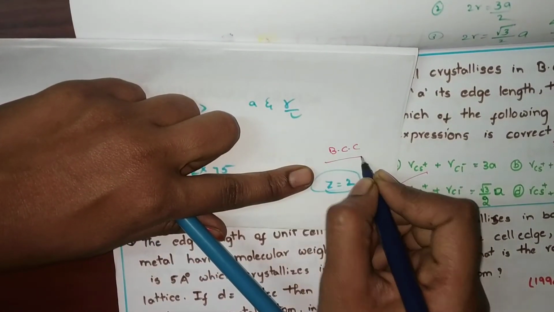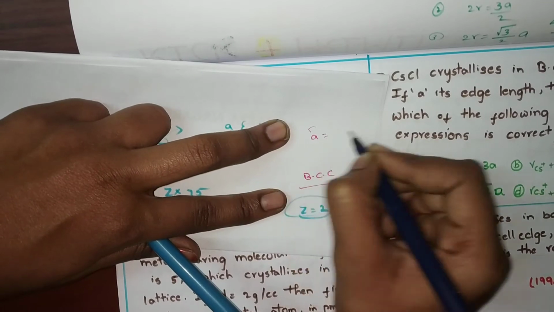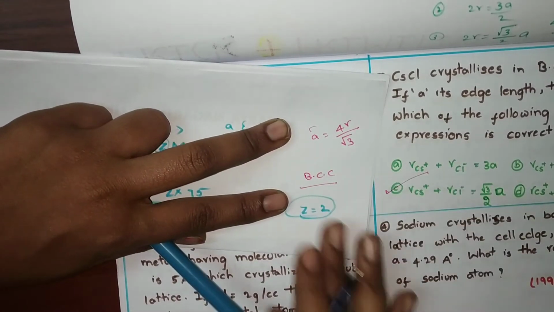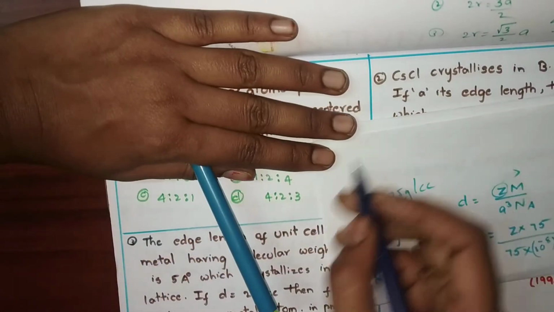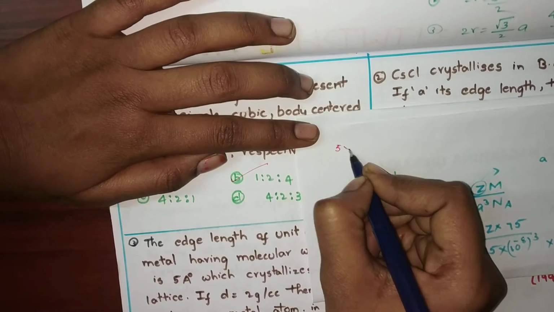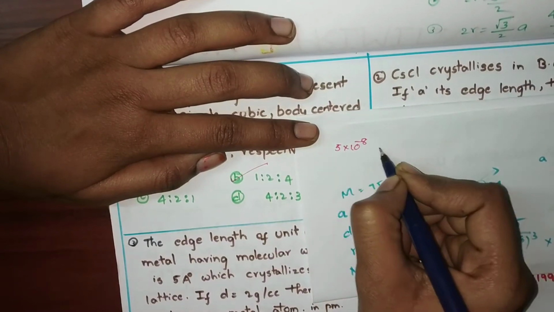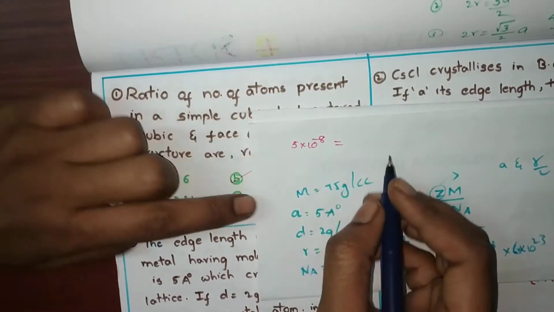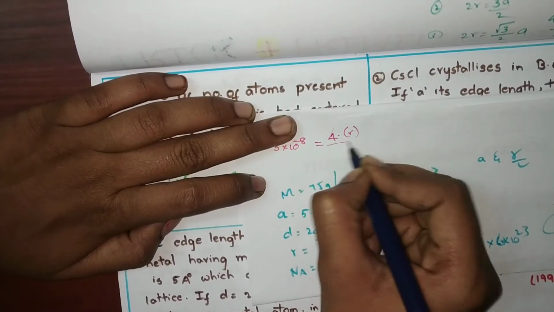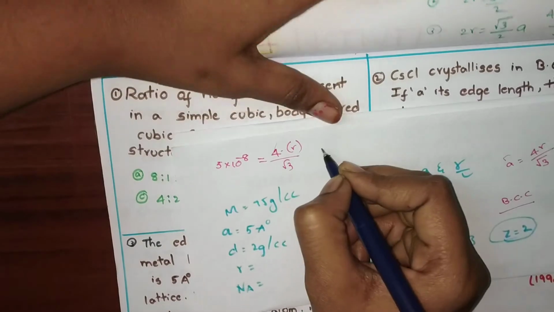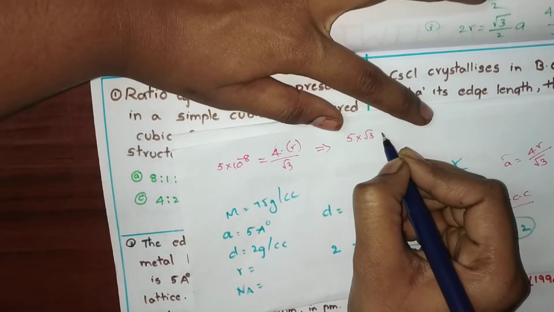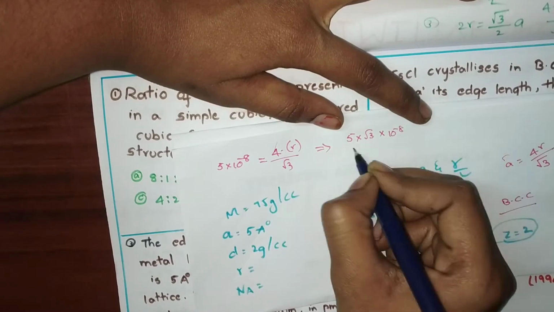BCC means A is equal to 4R by root 3, and A is given as 5 angstroms. 5 into 10 to the power minus 8 is equal to 4 into R by root 3, and from this you will get R equal to 5 into root 3 into 10 to the power minus 8 by 4.